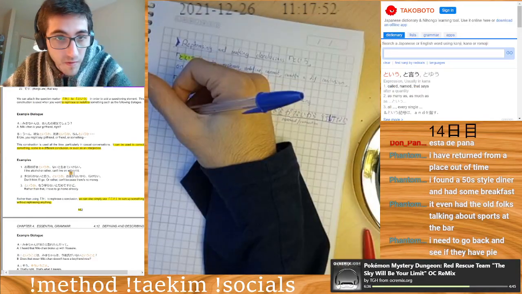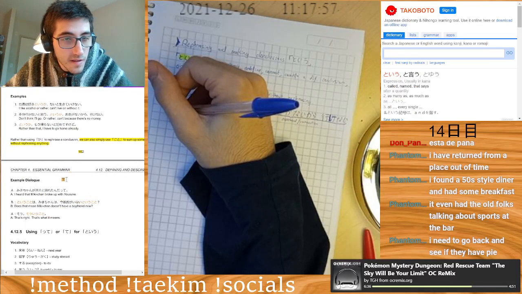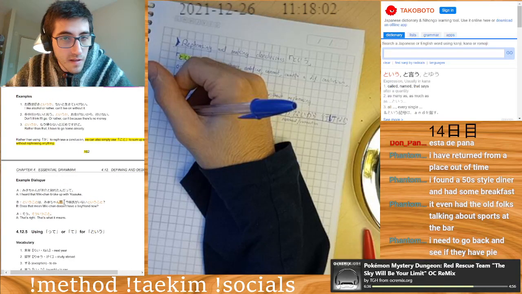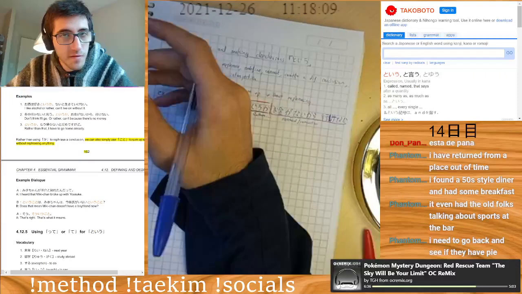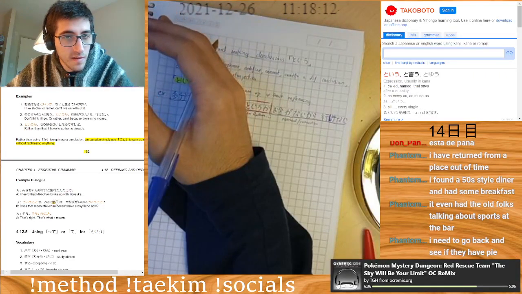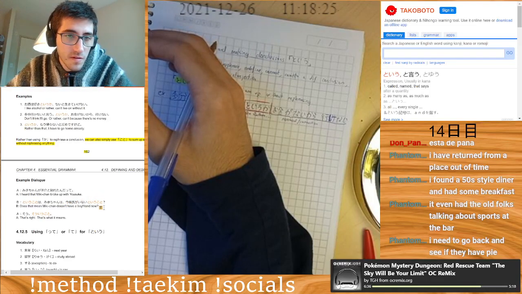And the other example would be ミカちゃんは今彼氏がないということ. So does that mean that Miki-chan doesn't have a boyfriend now? 今彼氏がないということ. Is it okay if I just take this?